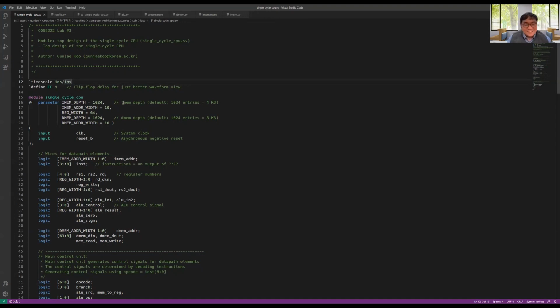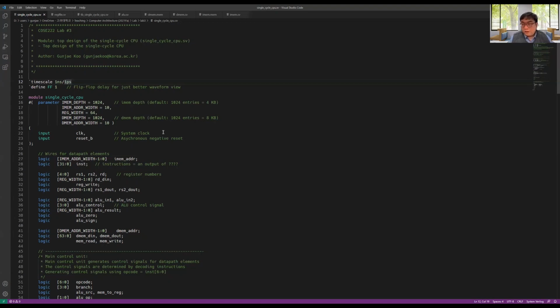Okay, good. Actually the goal of lab number 3 is to design a single cycle processor. That means the RISC-V single cycle processor. But in lab assignment number 2, you were requested to design data path elements, and these data path elements need to support additional branch instructions like BNE, BLT, and BGE.